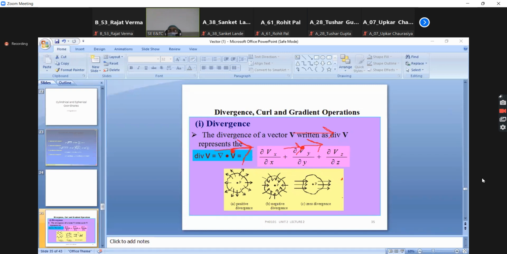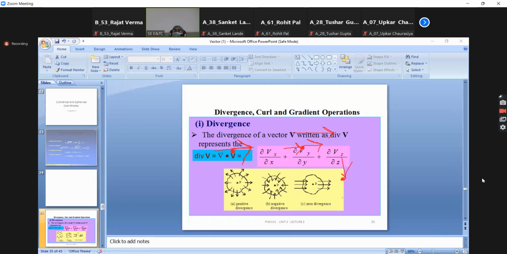Now take another point. What is happening here? The field is converging. You're filling it, suppose this is a bucket. You're filling this particular water. Okay, so this is a negative divergence.